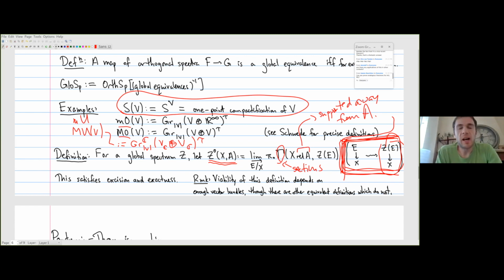So I believe the same result works, but I didn't check it carefully. Basically because I would rather give the right definition of MO and little mo and capital MO for any sort of structure on vector bundles, like spin or anything, and prove it there. But that was a little bit more involved than I wanted to go at the time.